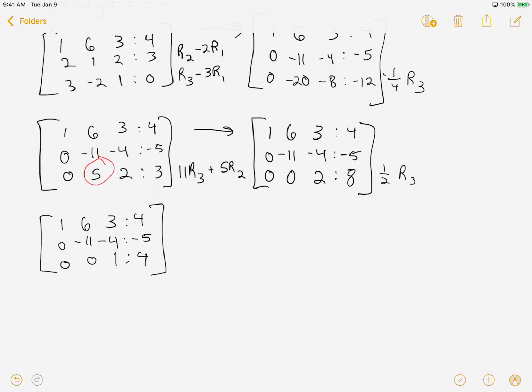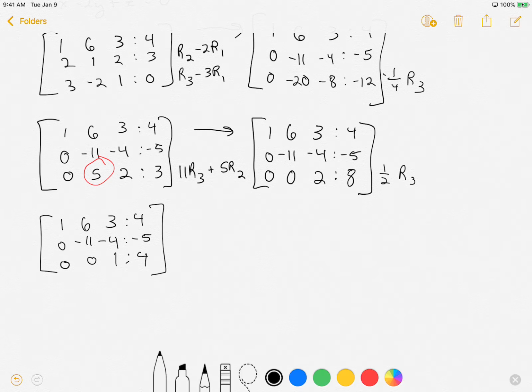Okay, so then now I can go back to doing multiple steps, because I can use that 1 on the bottom row to eliminate the 4 and the 3. So on that top row, I can do row 1 minus 3 times row 3. On row 2, I can do row 2 plus 4 times row 3. When I do that, top row does not stay the same.